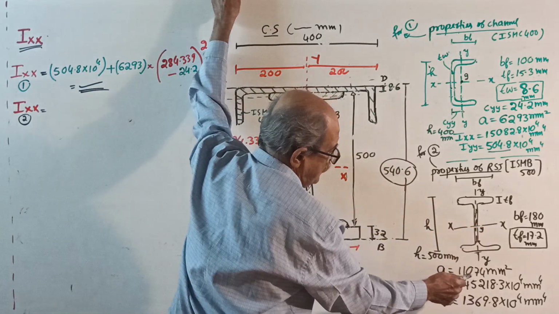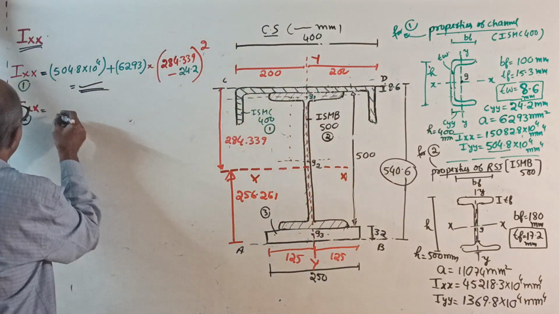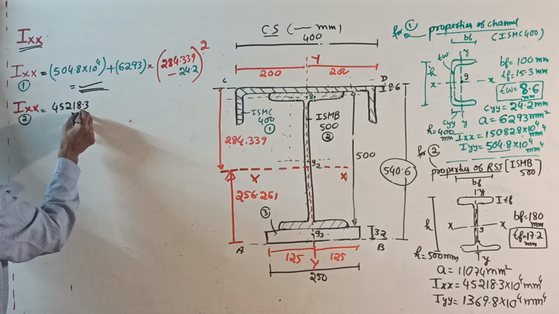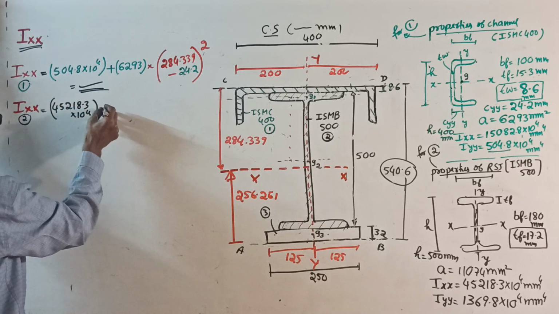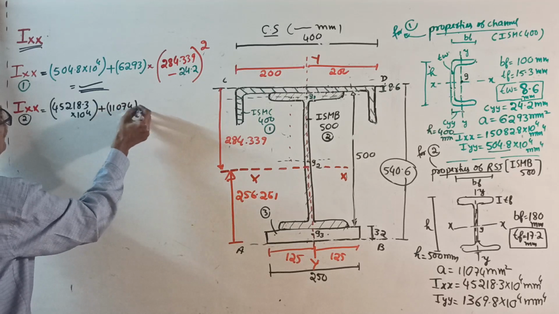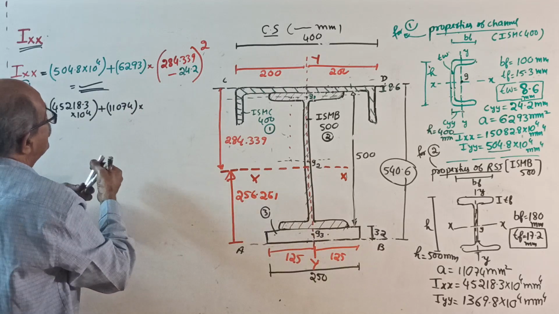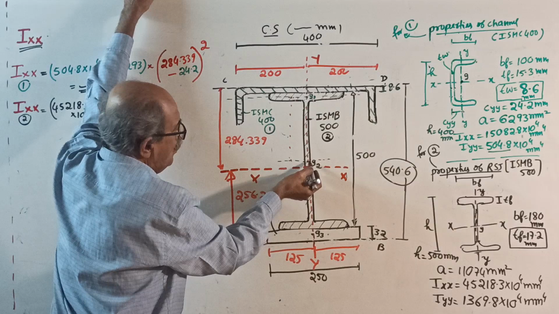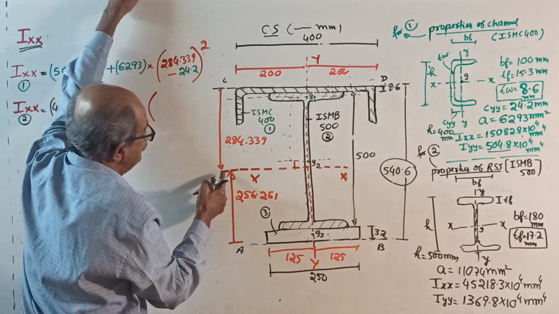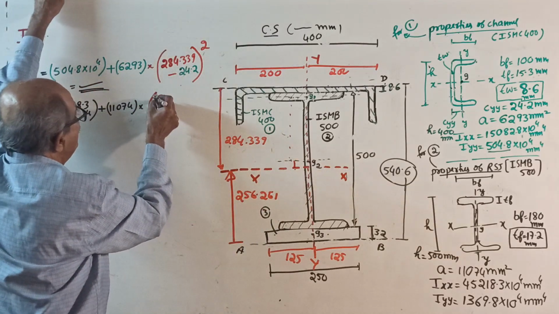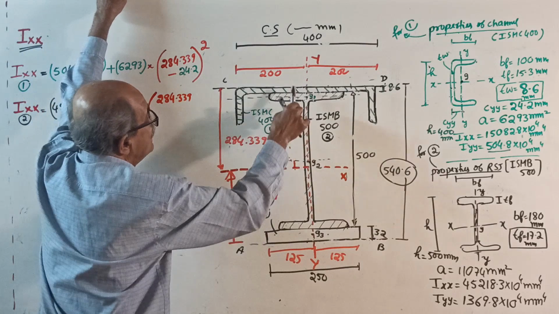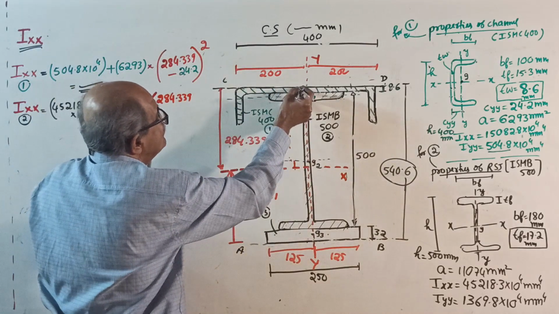That is 45218.3 into 10 to the power 4 is Ig, plus area is 11074, into, the powerful term, from centroid G2 to xx, this distance squared. This distance is 284.339, be careful, this full distance.